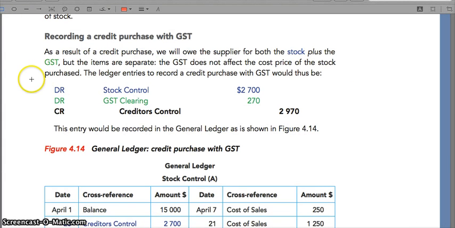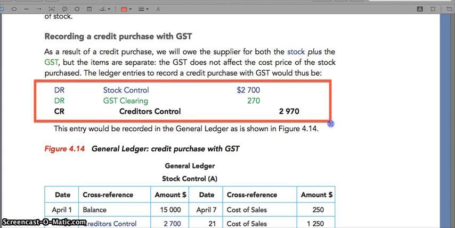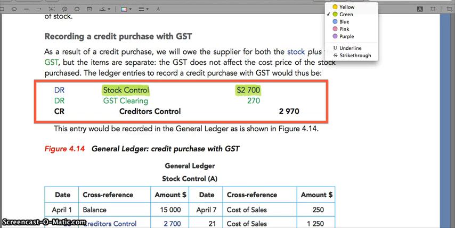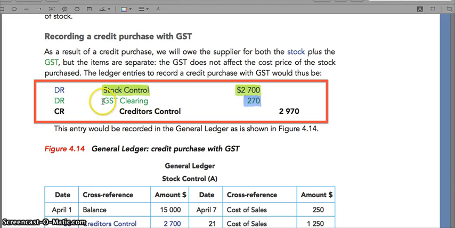Again, what we've got to remember is that GST will not add to the value of the asset. We've purchased the asset, which is the stock. It's worth $2,700, and the GST, which I'll put in blue, is totally separate and will not add to the value of the asset.